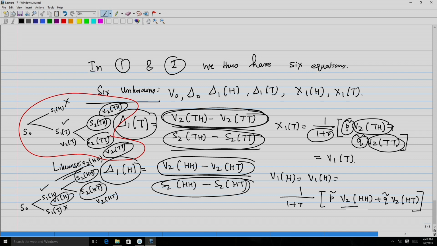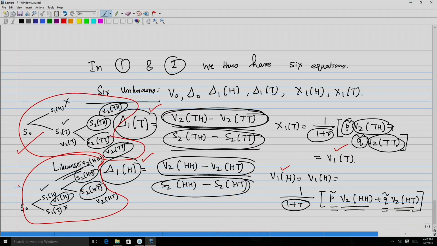So, I take V2 of hh and V2 of ht, multiply them by the corresponding risk neutral probabilities p tilde and q tilde, and I discount by a factor of 1 plus r. So, by looking at the binomial tree, you are actually able to ascertain what delta 1 is for both circumstances. The two possible delta 1 values at time t equal to 1 result in the corresponding V1 values at time t equal to 1.